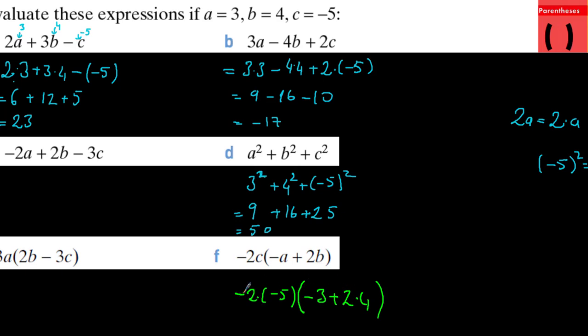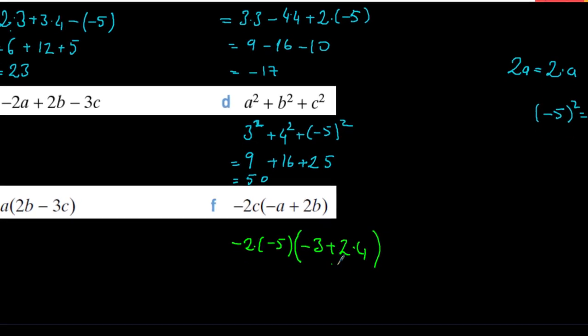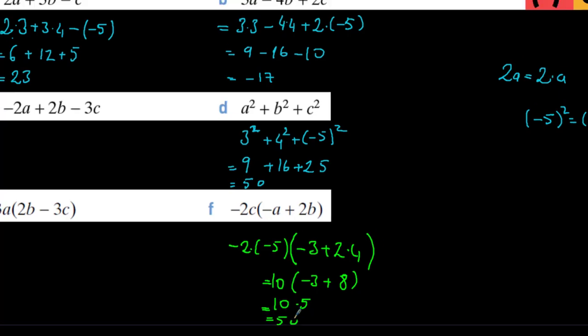And minus 2 times minus 5 is equal to 10. And here minus 3 plus 2 times 4. Firstly, multiplication we have to do with respect to the order of operations. Minus 3 plus 8, and 10 times the result of minus 3 plus 8, which is 5. 10 times 5 is equal to 50.